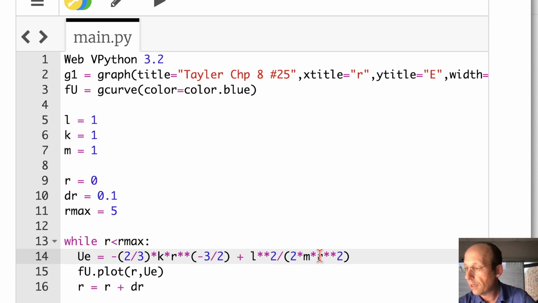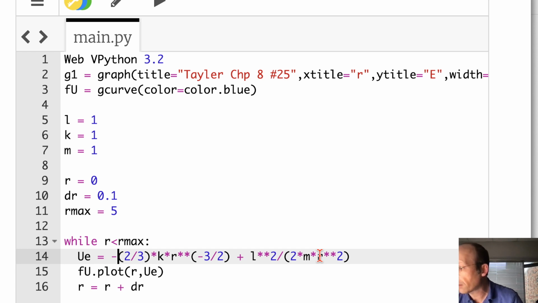That's right. And then U is the integral. So U is negative the integral. But I did it both ways. So it's either this, negative the integral, L squared over 2 mu R squared, negative the integral.